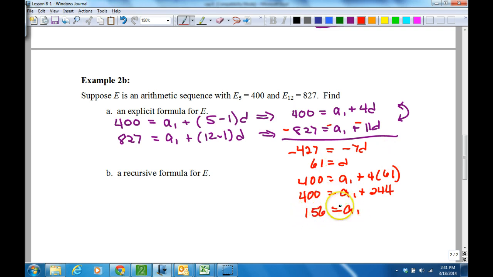So I got a d, I got an a sub 1. So my a sub n is 156 plus n minus 1 times 61. If I actually run that through, I should have 61n plus 95.